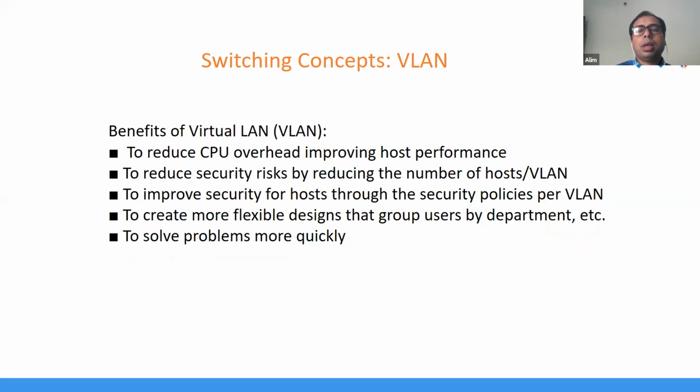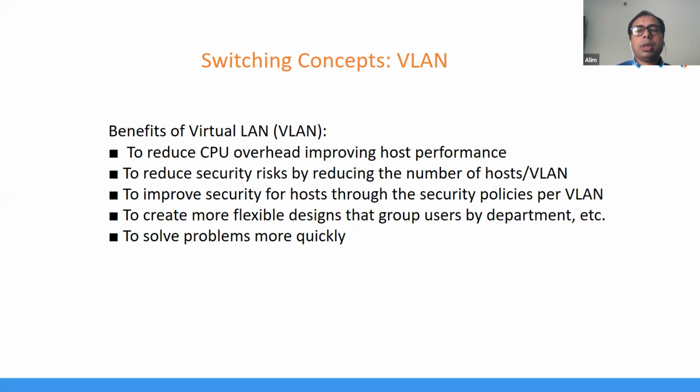For example, if we put all the switch ports in a single VLAN, there will be huge broadcast, which will put stress on the CPU, so performance will be reduced. That is why we need to divide the broadcast domain into smaller broadcast domains.